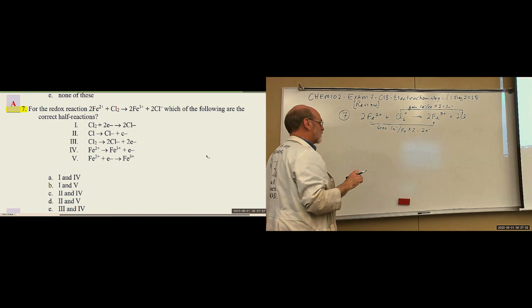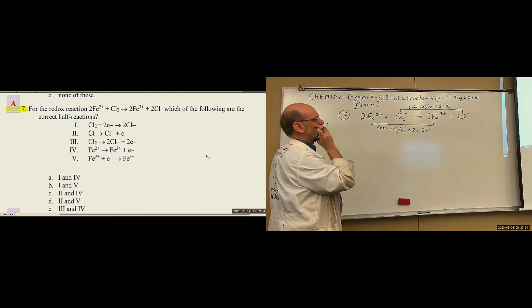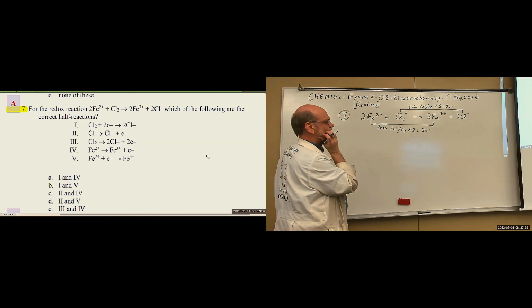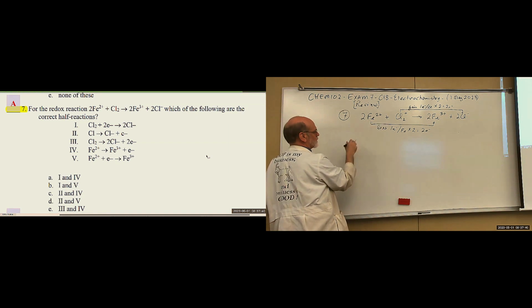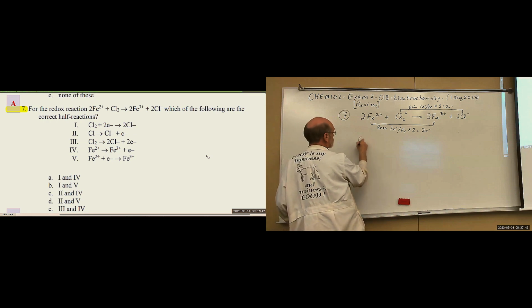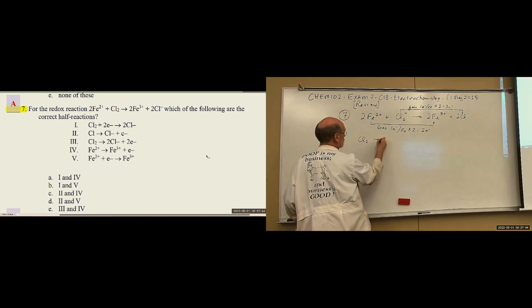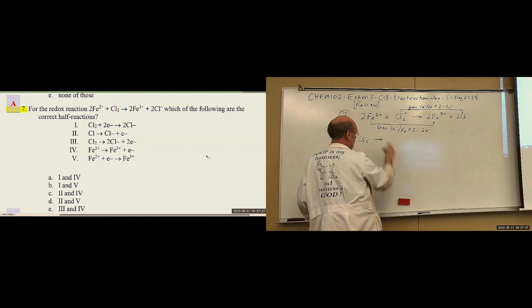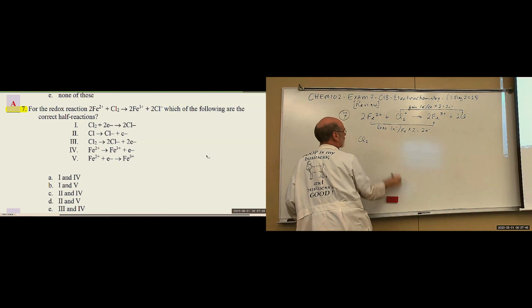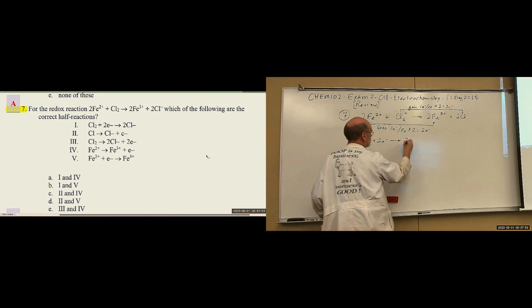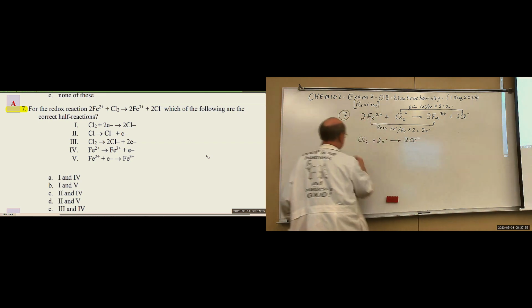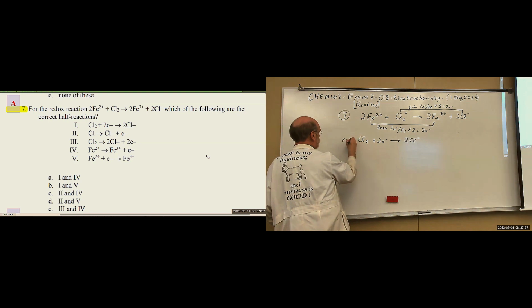All right, so what would the half reaction for, let's see. They did the chlorines are the first ones in that list, so we'll do that one first. So the half reaction here is just this one. The gain, gain 2 electrons yields 2 Cl minus. This is the reduction.